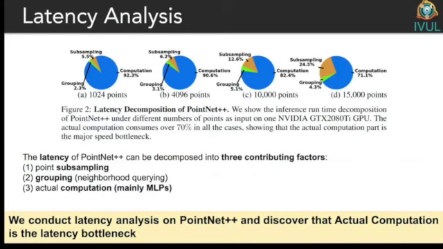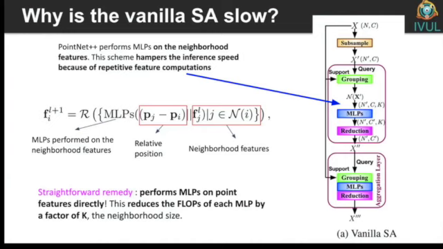So, why is PointNet++ slow? PointNet++ is built by the Vanilla SA module. We named the SA module proposed in PointNet++ as Vanilla SA. The question is, why is Vanilla SA slow? We show the SA module in the red figure. We can see that MLPs are performed after the grouping layer.